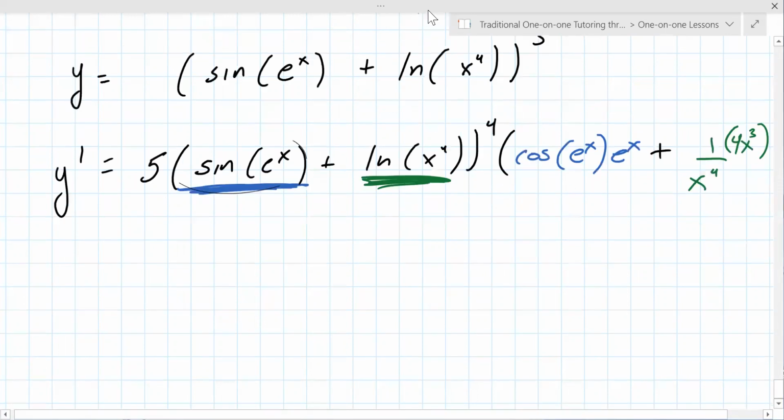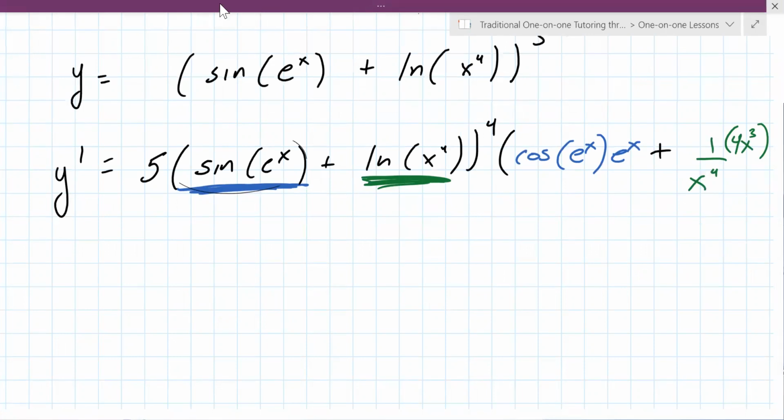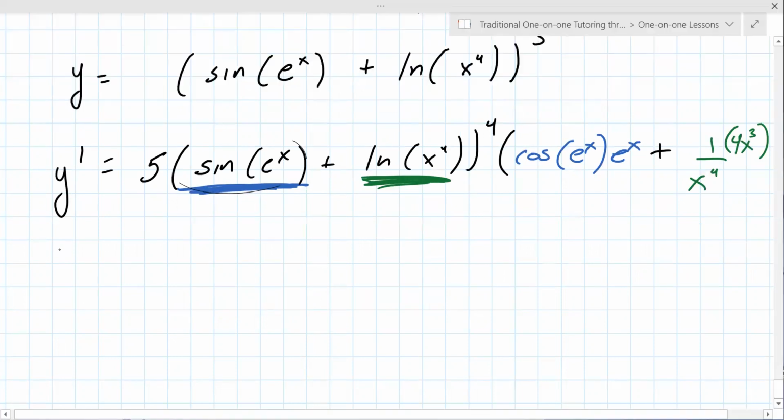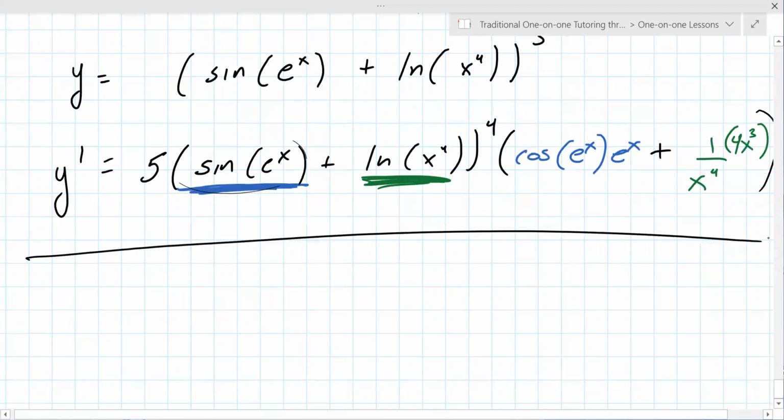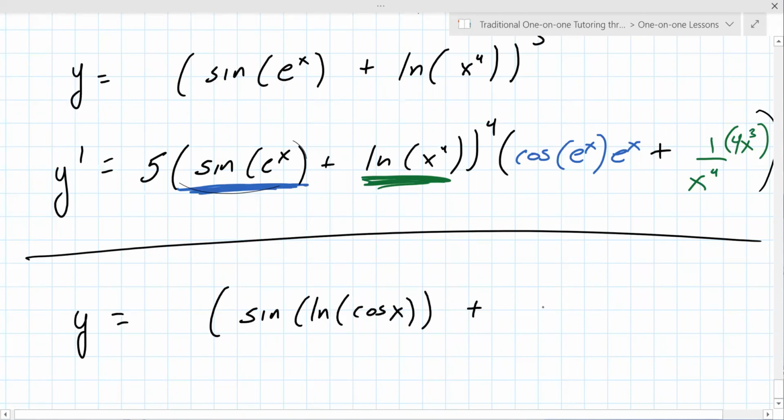Okay, so let's see if that's really clear. Because we're going to do another one like this. Y equals sine of natural log of e to the x, plus 1 over x, all to the power of 5.